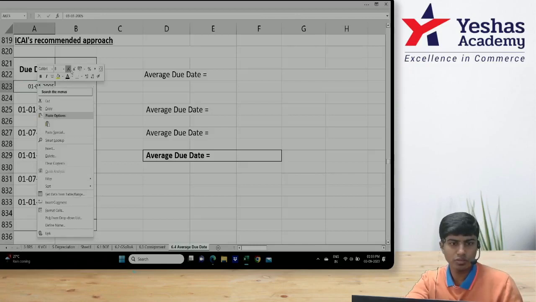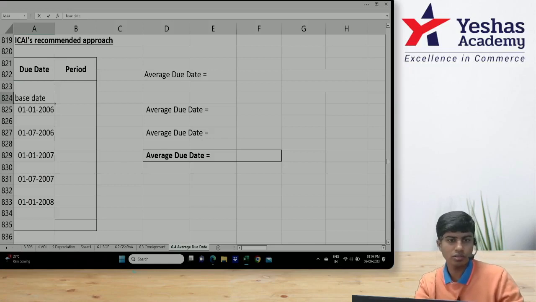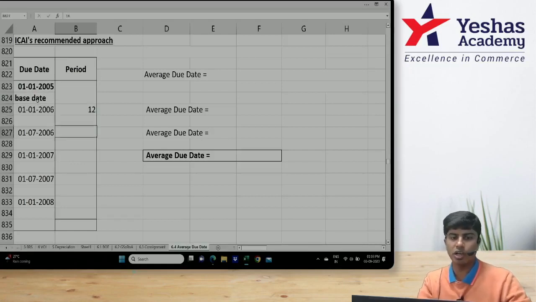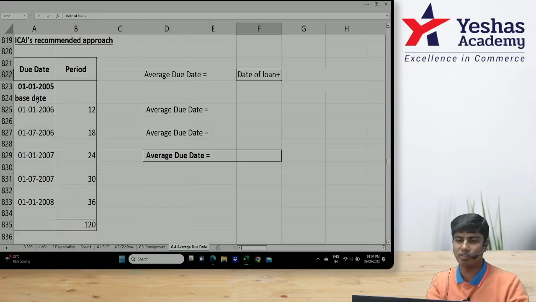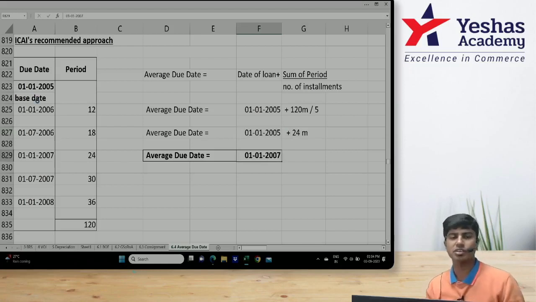Now tell me, the first period will be 12, then 18, 24, 30, 36. What do we get? 120. Average due date is sum of periods divided by number of installments. 1st of January 2005 plus 120 by 5, 24 months, 1st of January 2007.